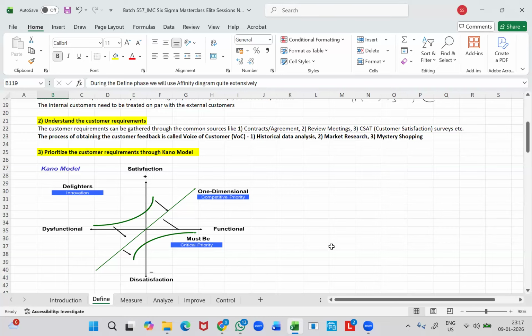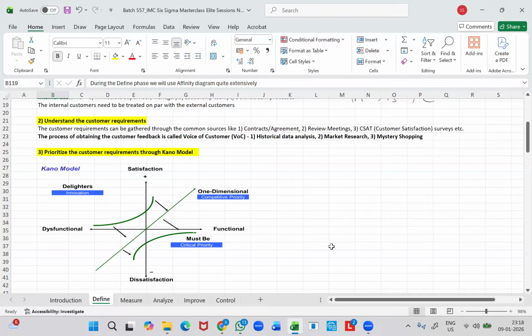But if you do provide, the customers will be highly satisfied. But the catch here is that delighted needs, when they are consistently provided over a period of time, will become must-be in the minds of the customer. That means the customer will start expecting those needs to be provided to them in the future as well.